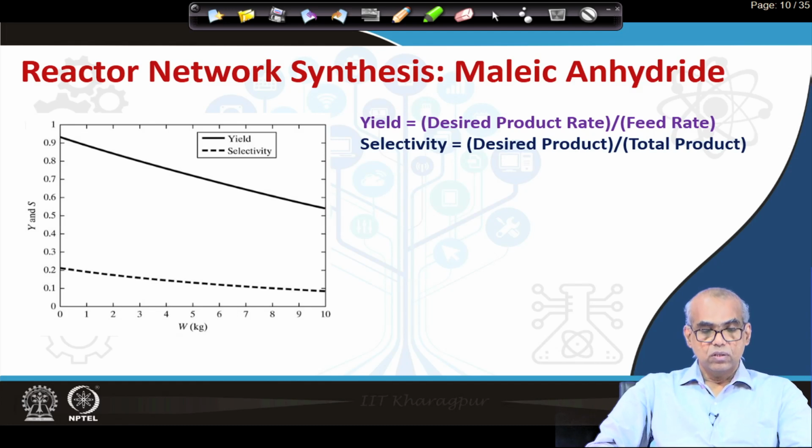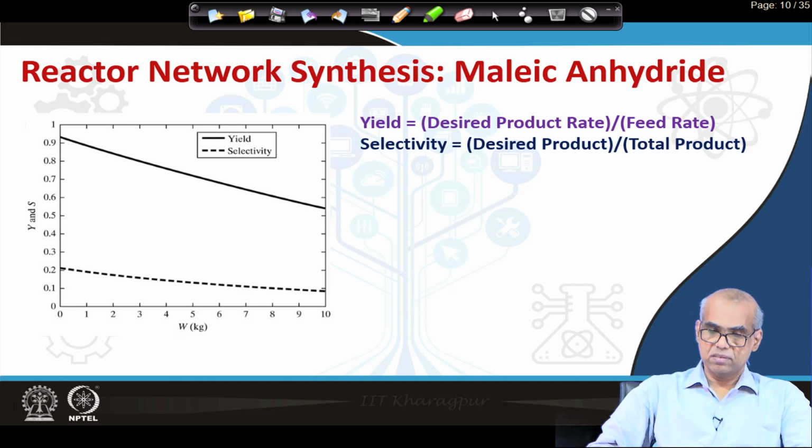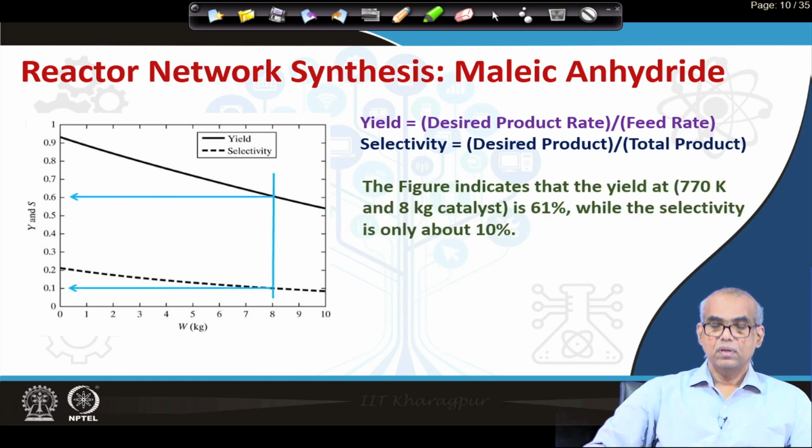Finally, we make a plot here of yield and selectivity versus weight of catalyst. Yield is defined as desired product rate divided by feed rate, whereas selectivity is defined as desired product divided by total product. Look at the figure.